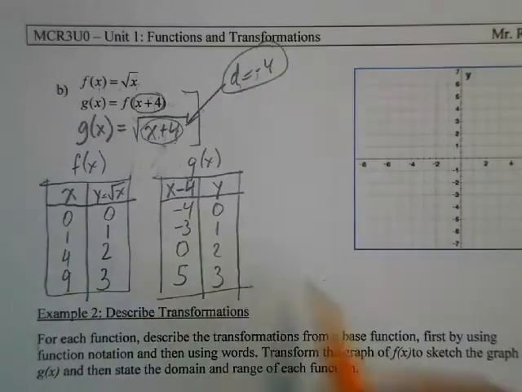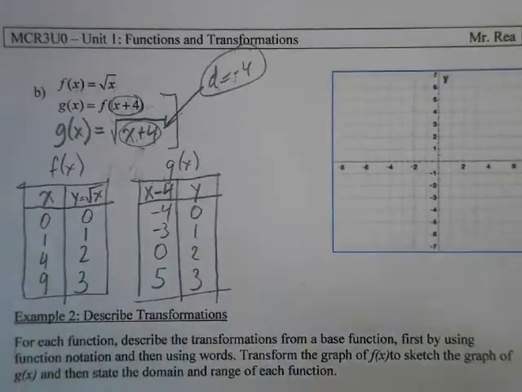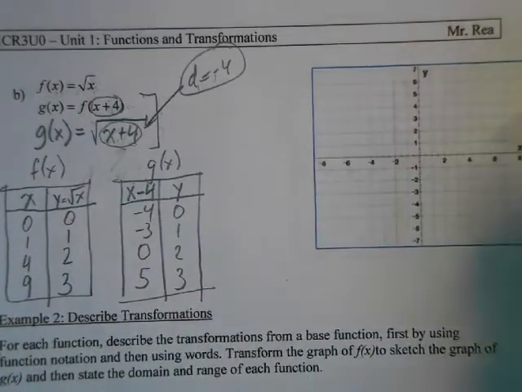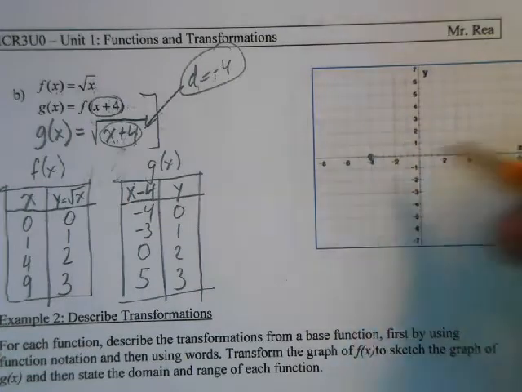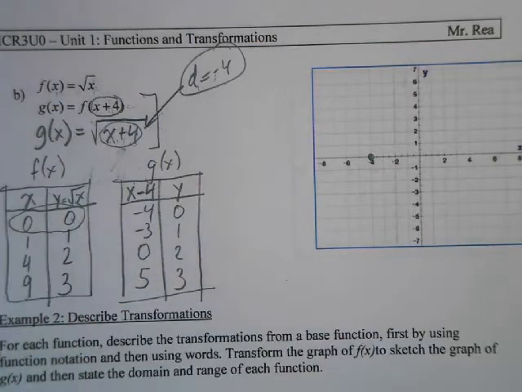Okay, so now we've got some transformed base points that we're going to use to graph this transformed function. Start off with negative 4, 0. Remember what I said here: that was our special point, our endpoint.